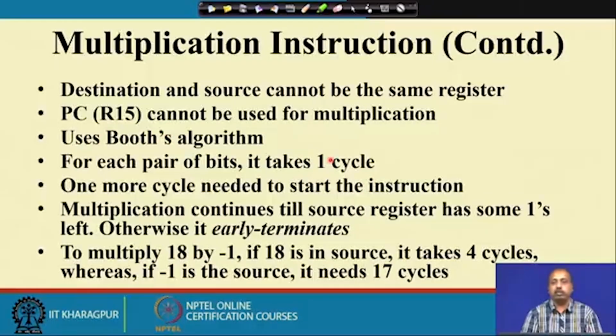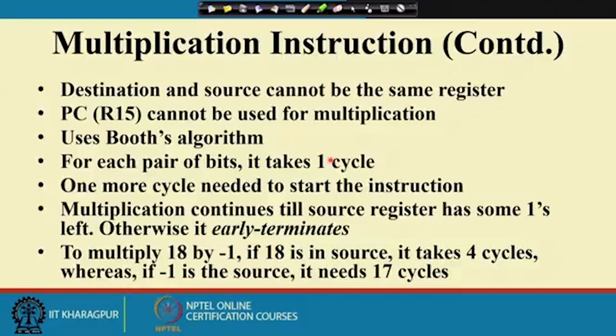Booth's algorithm is a well known multiplication algorithm, which you can find in computer architecture books. It is quite efficient, and for each pair of bits it takes 1 cycle, and 1 more cycle is needed to start the instruction.